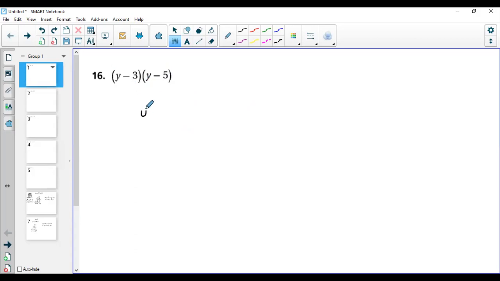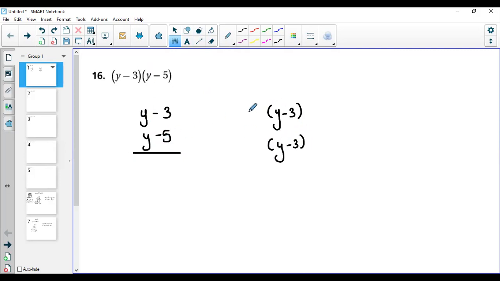All right, so let me write this as y minus 3 multiplied by y minus 5. Let's multiply them. What do you think we are going to multiply first? We have to multiply y minus 3 two times, so write down y minus 3, y minus 3.